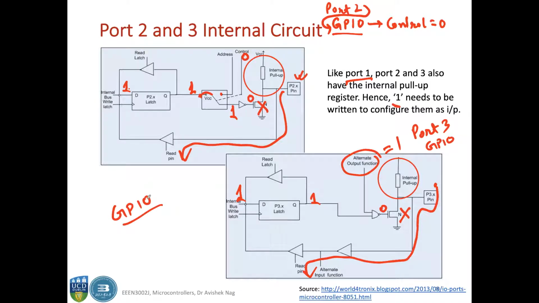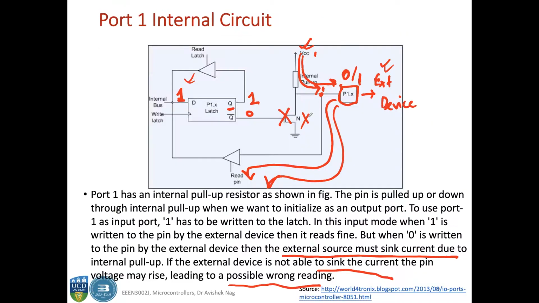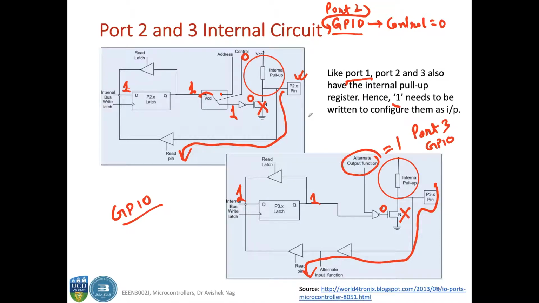You have to put a 1 to make it a read port, and for writing you can just put whatever you want to write on this internal bus, but to read you have to put 1, and then only you can have these ports as your read ports. Okay, so ports 1, 2 and 3 are similar in this fashion.